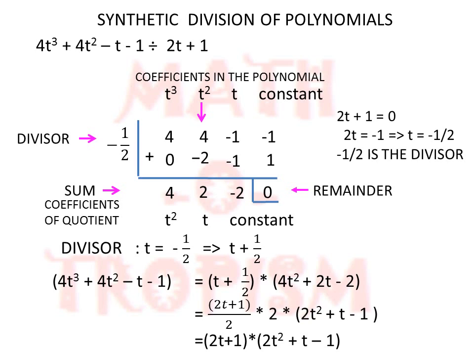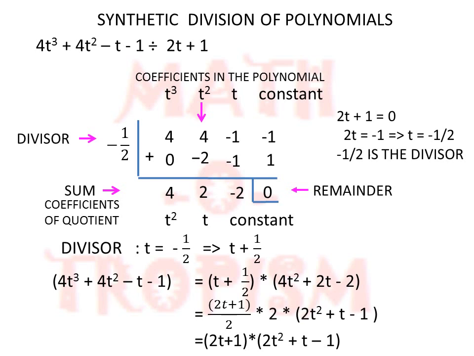So 4t cube plus 4t square minus t minus 1 is coming to 2t plus 1 into 2t square plus t minus 1. So remember, if the remainder is coming to 0, it means x minus a is a factor of the given polynomial, from the factor theorem. And also, if there is a remainder, we need to write the given polynomial as x minus a into the quotient which we get, plus the remainder.